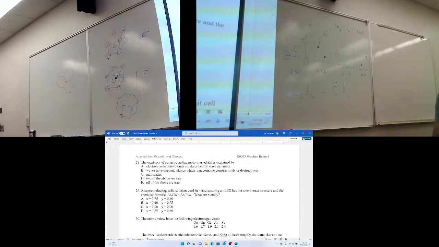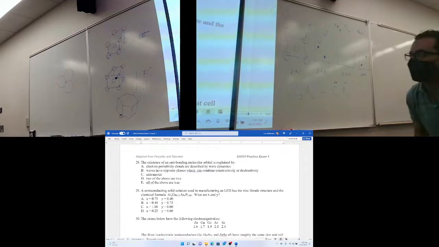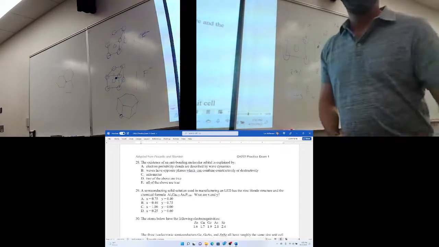We treat electrons like waves, and waves can have opposite phases which can combine destructively, which is the one you need for antibonding molecular orbitals. So two of the above are true, technically. Antimatter has nothing to do with anything. That exists, but that's not part of what we're talking about.